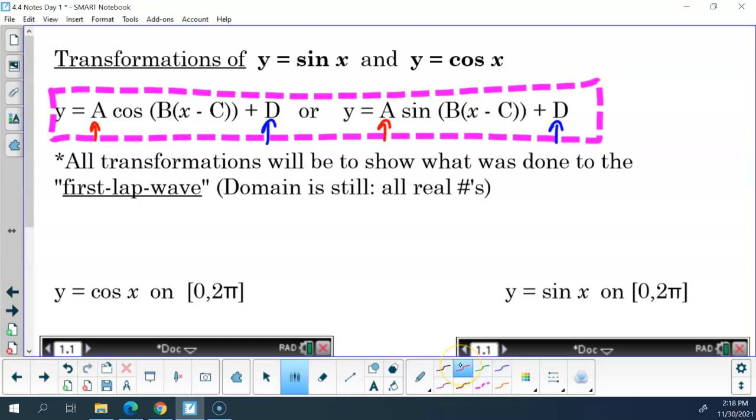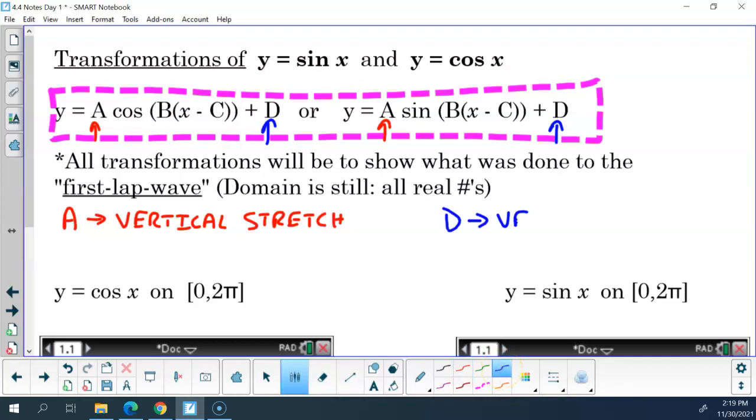That means that it is going to stretch vertically. D is going to be our vertical shift. So we're going to take our middle, and we're going to move the middle up and down. And then everything else is going to adjust off of that.